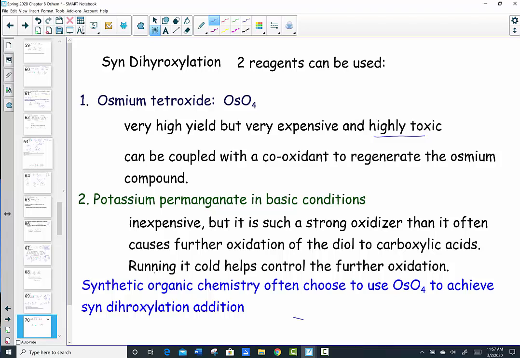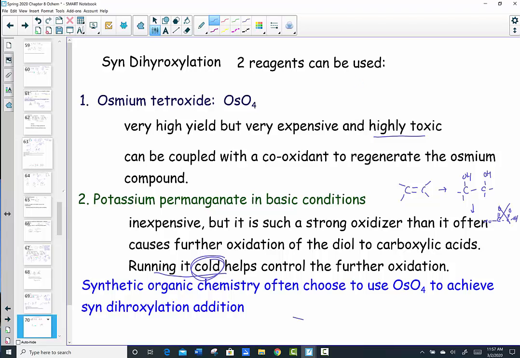When you form two alcohol groups in the syn addition, sometimes they go on even further and oxidize more by forming carboxylic acids, and that's hard to control. Running it very cold helps to eliminate this next step, so that's why you'll often see very cold temperatures.